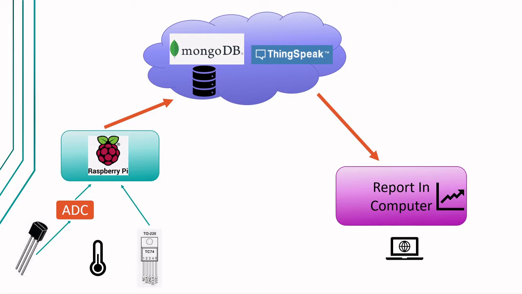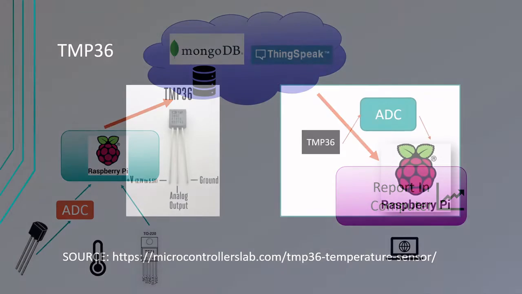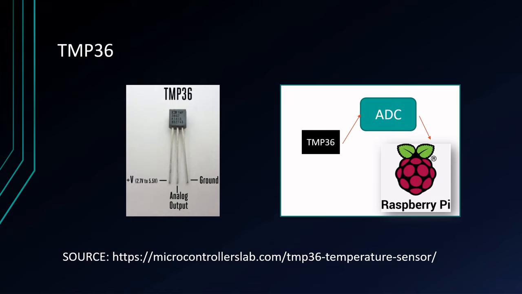Temperature sensors TC74 and TMP36 are being used to read temperature. And the data has been saved in databases which stay in the cloud and in ThingSpeak. For temperature, as we know that TMP36 gives out analog output, so it has been passed through an analog to digital converter.